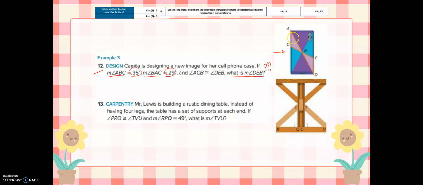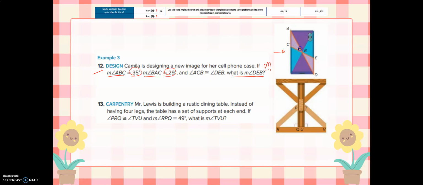Now, let us look at the given image. So according to this, the measure of angle ABC is 35 degrees. So where is angle ABC? Angle ABC, so this is equal to 35 degrees. So let me just change my color into black.